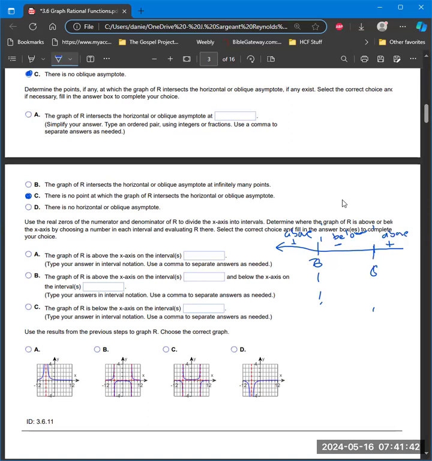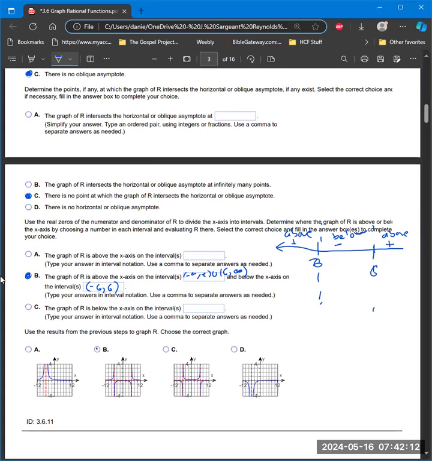And so we have B, the graph is above from -infinity to -6, union 6 to infinity, and it's below from -6 to 6. So which one of these looks correct there?